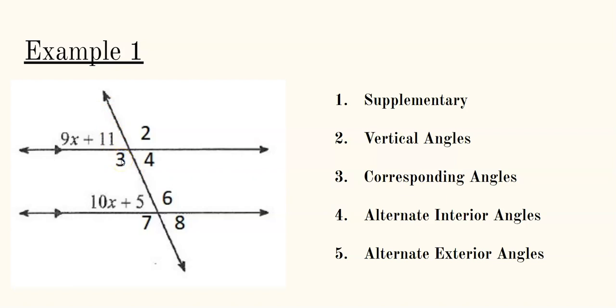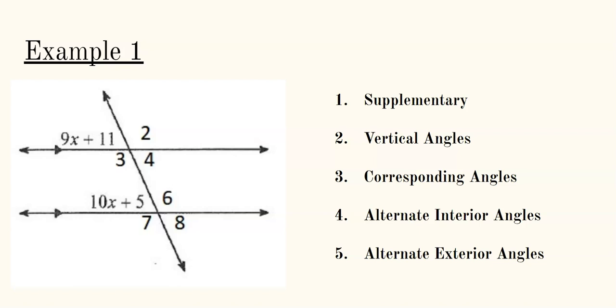Number 2 is vertical angles. I cannot use that either, because vertical angles says the angles diagonal from each other are the same. So the 9x plus 11 would have to be the same as angle 4. If this 10x plus 5 was where angle 4 was, then we would use the vertical angle definition, but we can't use that.